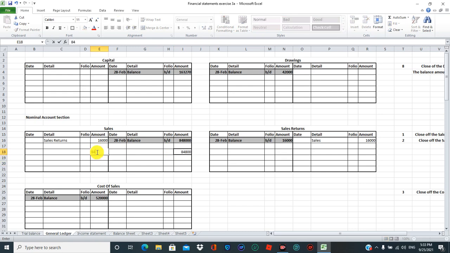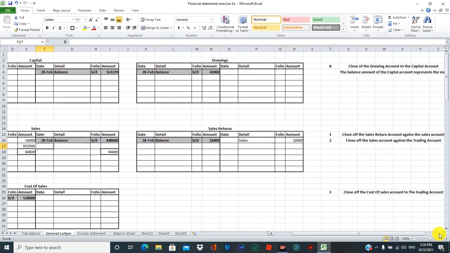So the totals are 84,800. And then the balancing amount, I'm just going to mark that with a yellow so you know that's the balancing amount, goes to the trading account. If you balance it out, you will get 832,000. Perfect.